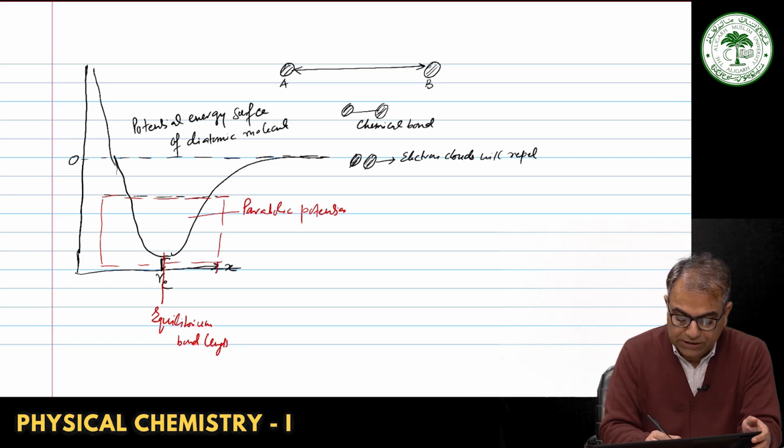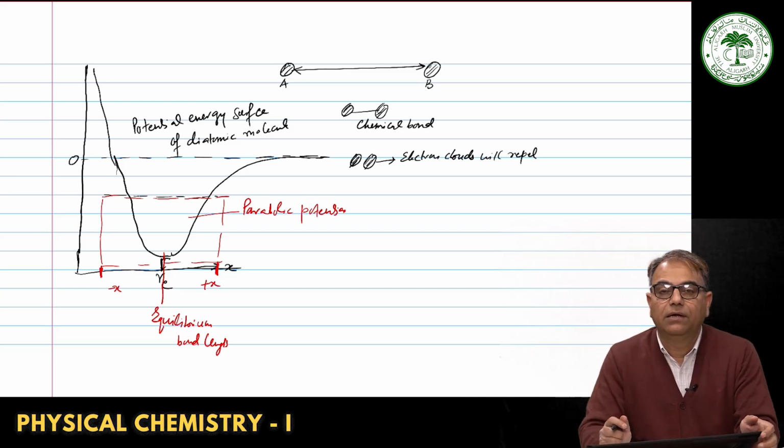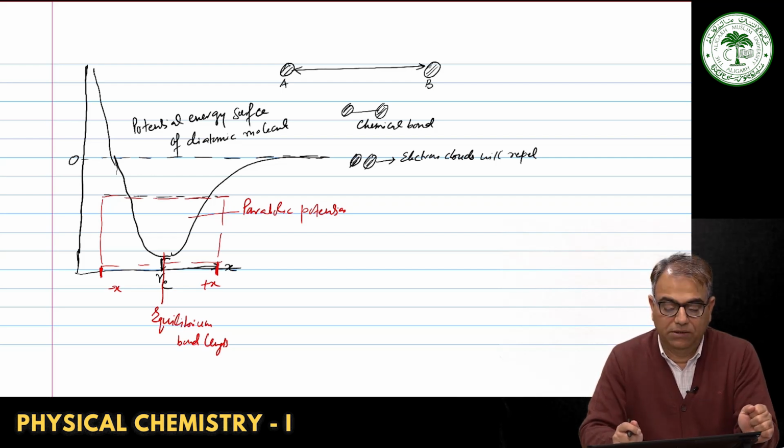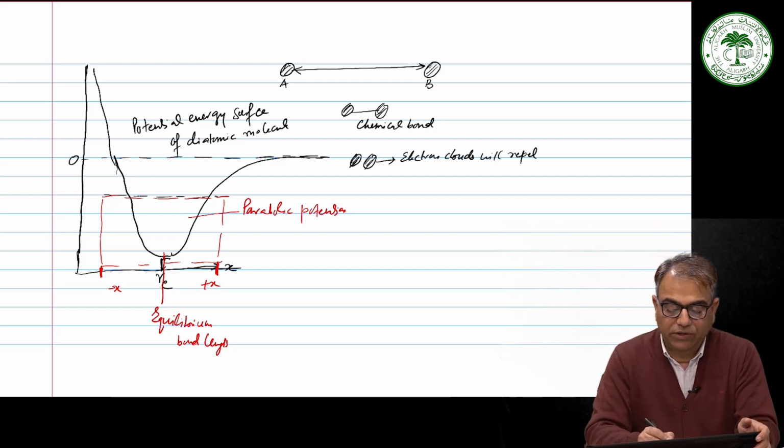Then up to this distance plus x and up to this distance minus x, you can stretch the molecule and again bring it back. This is really periodic motion. When you go beyond this distance, the molecule will break. From here, this molecule starts breaking.